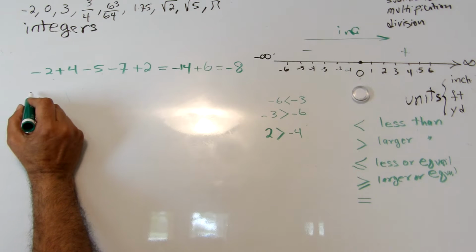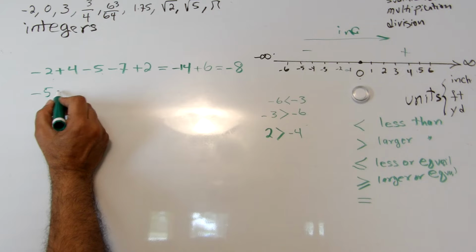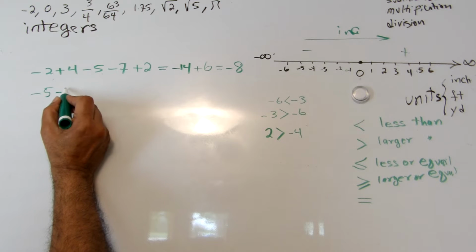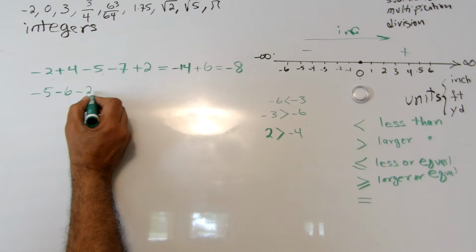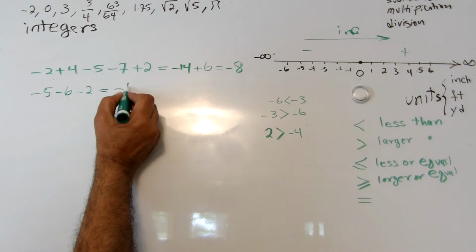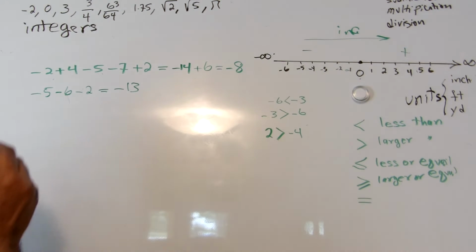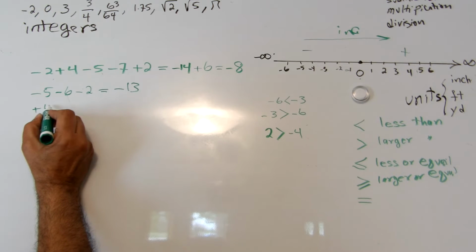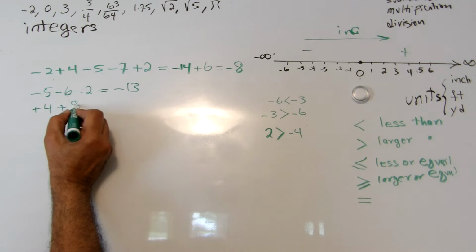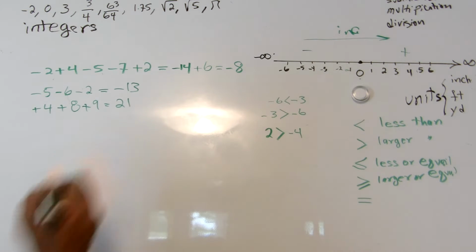Another example. -5 minus 6 minus 2 is going to be -13. And also, if you are adding the positive, plus 4 plus 8 plus 9 is 21.